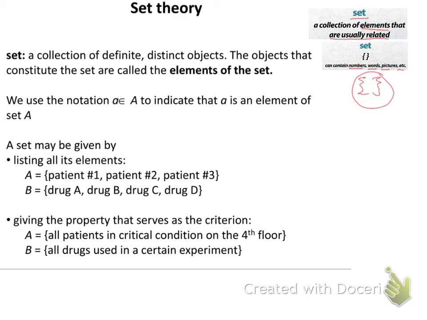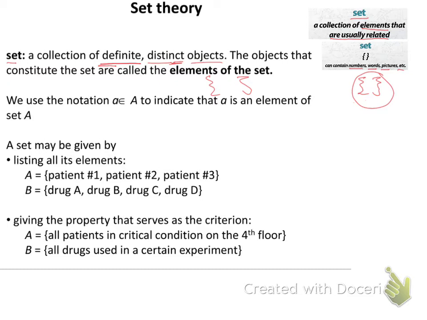As per the PDF files, which has been given as part 2, the definition of a set is a collection of definite, distinct objects. So it is definite, not indefinite. We have a definite number of objects or elements within the set brackets, and they are distinct. So maybe they have a relation, maybe they don't.